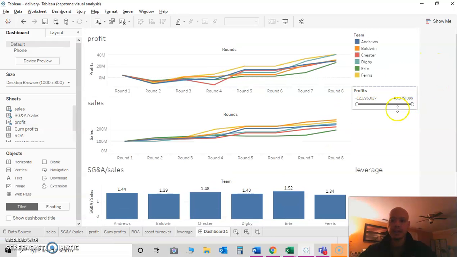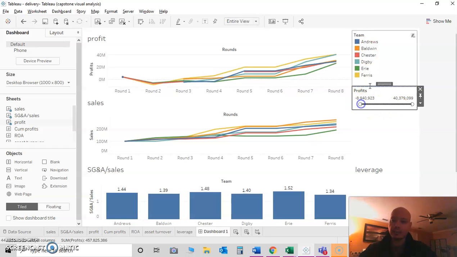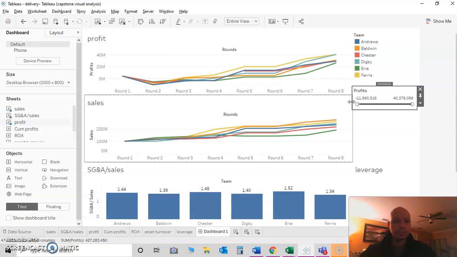Okay, and the last visualization is going to be in terms of the filtering slide. We've been using filtering boxes, dynamic boxes until now. So we'll use a slide to show some stuff.